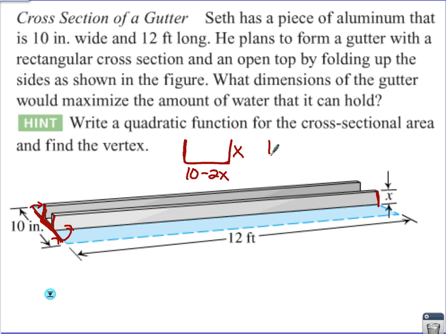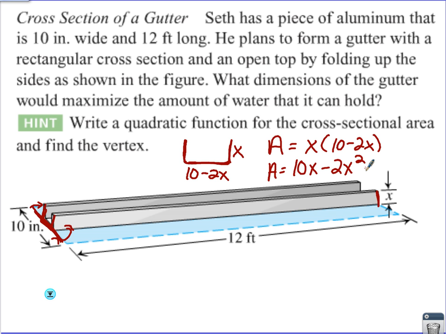The area of this cross section would equal length times width: 10 minus 2x times x. So area will equal 10x minus 2x squared.